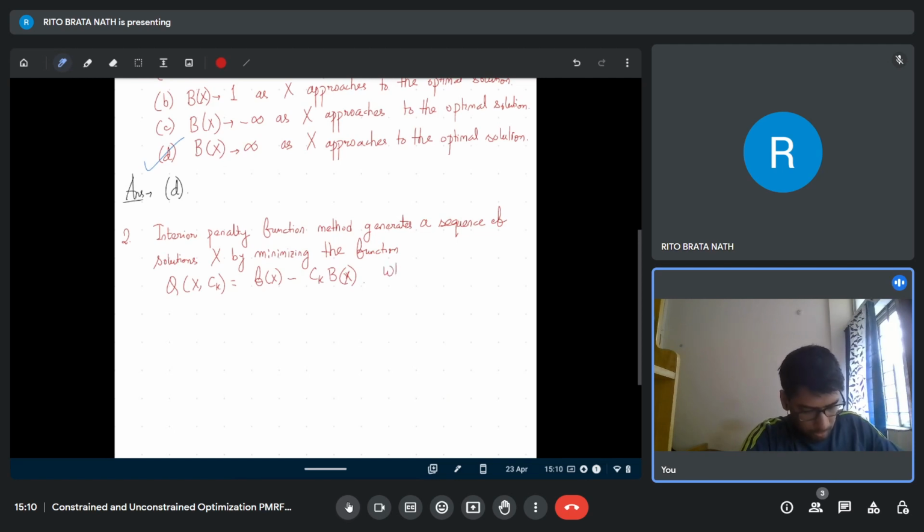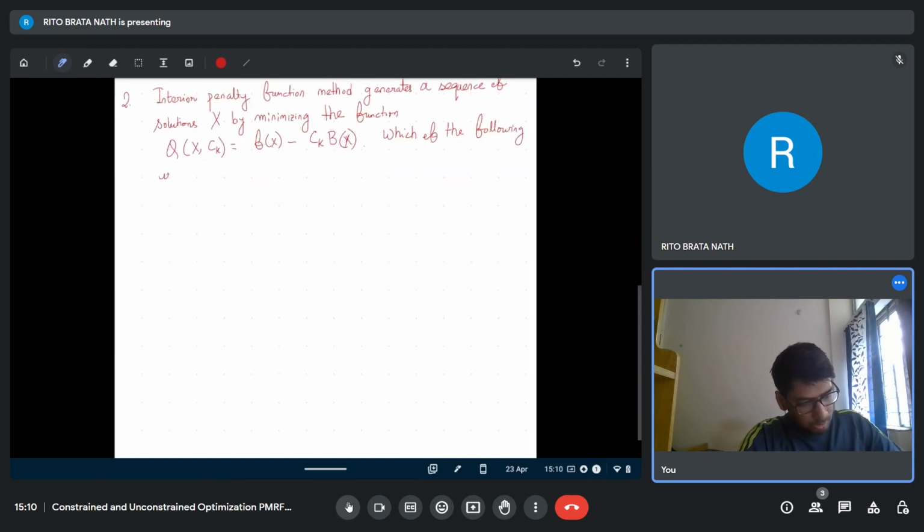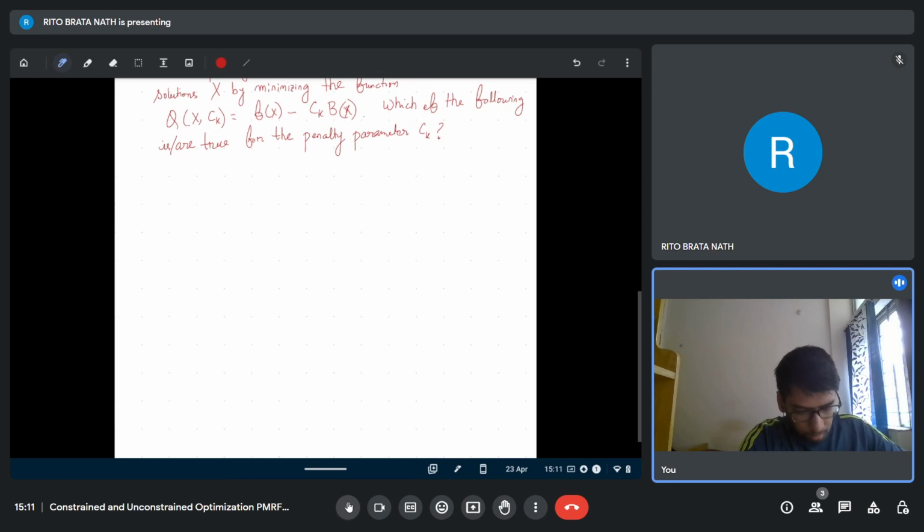Which of the following is now true for the penalty parameter, which is ck?